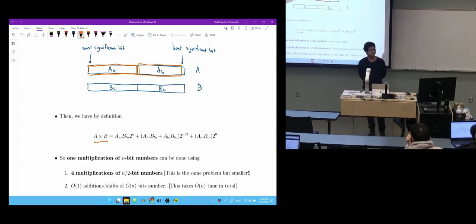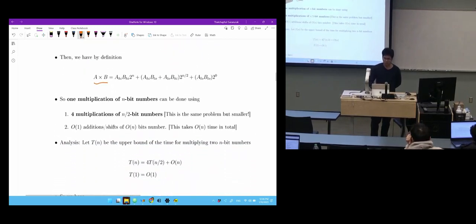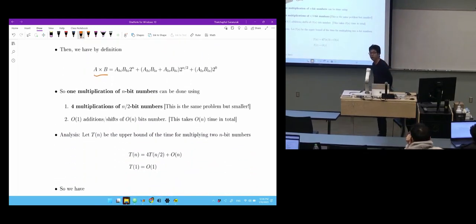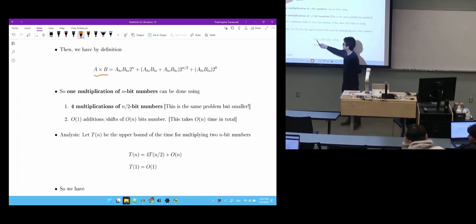Make sense? Okay. And that gives you this kind of recursive equation if you want to analyze the running time. If you define T to be the upper bound of the time that you need to multiply two n-bit numbers, how much time do you need to do that?